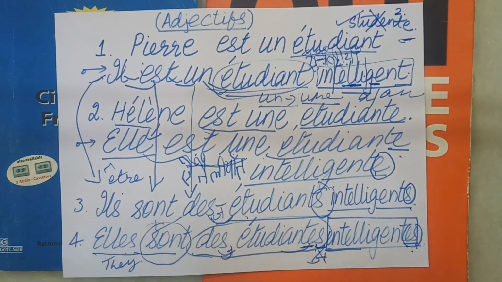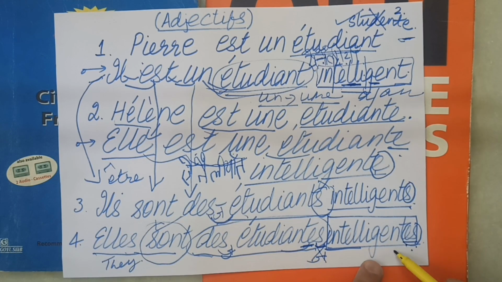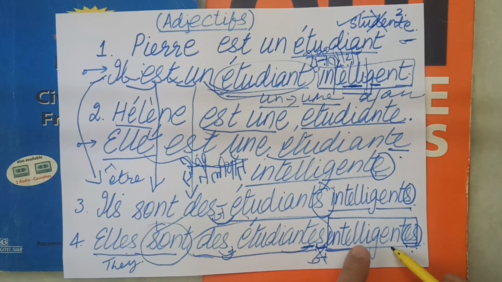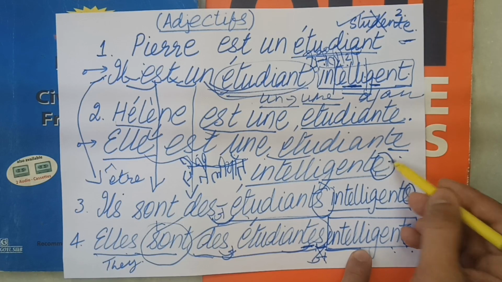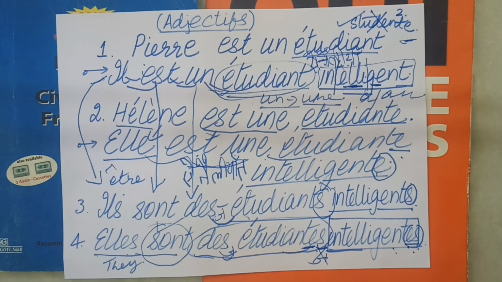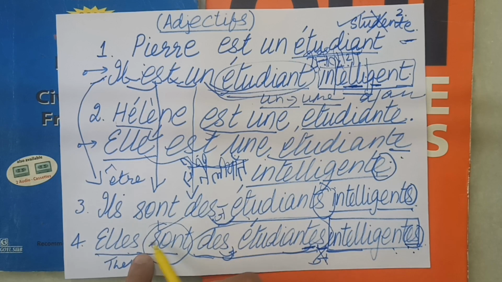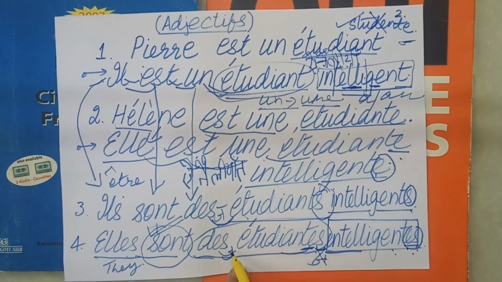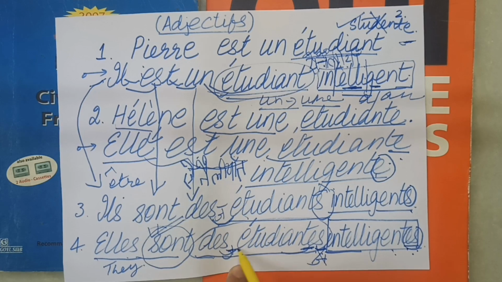So this denotes the format of the verb, that this is in plural format. Otherwise it becomes very difficult. Intelligent here as well, intelligent here as well, and the person who is listening to you, how would he decode that this is singular or plural? He is going to decode through sont and des étudiantes, the sound here.